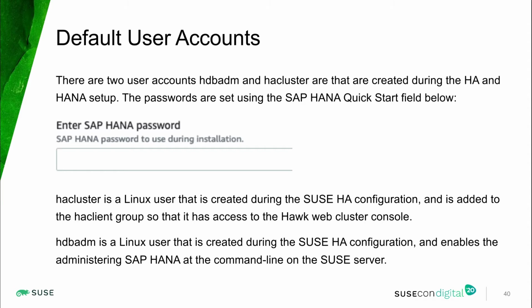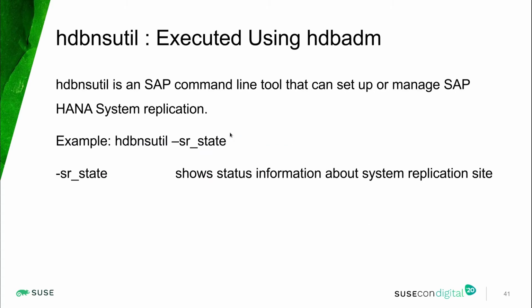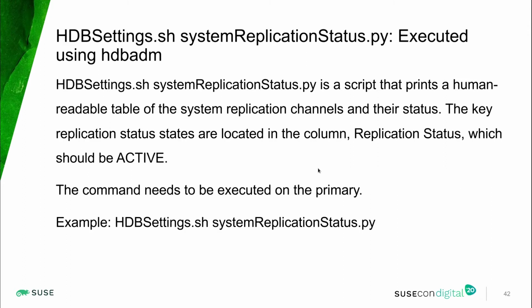The hacluster user is the Linux user that is created during the SUSE HA configuration. The hdbadm user is the SAP HANA SID admin user. We have the hdbnsutil command, which is the SAP command line tool that can set up or manage SAP HANA system replication. And finally, we have the systemReplicationStatus Python script that prints a human readable table of the system replication channels and their status.